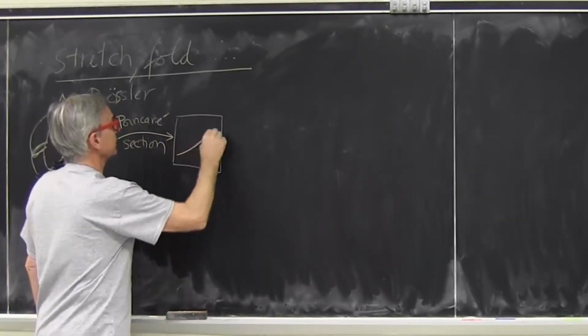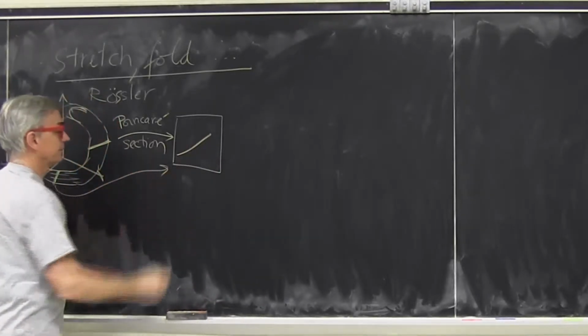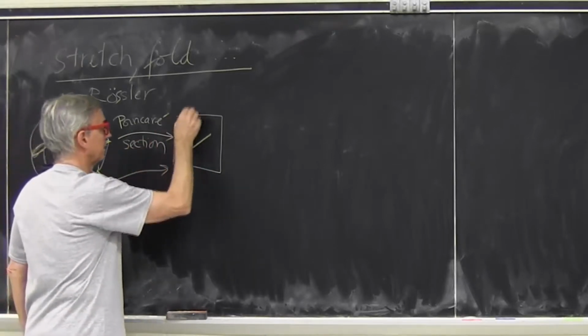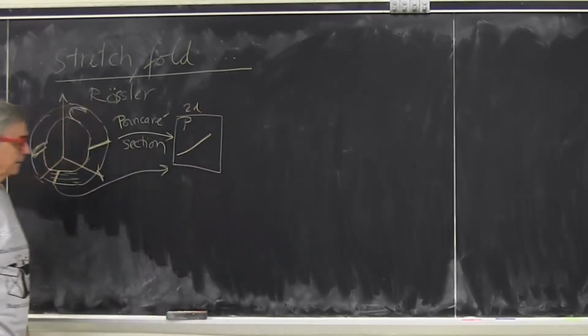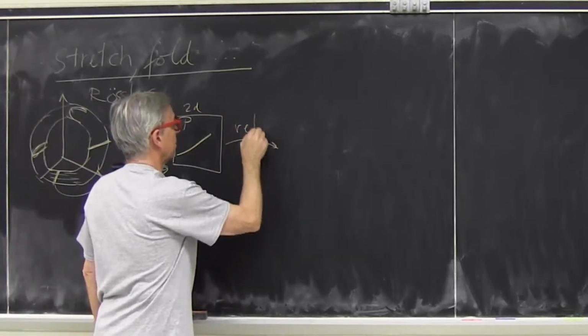A Poincaré section is something that looks pretty boring. In this case, the flow is three-dimensional, so the Poincaré section is a two-dimensional plane, and the flow seems to live on a line, so we look at the return map.